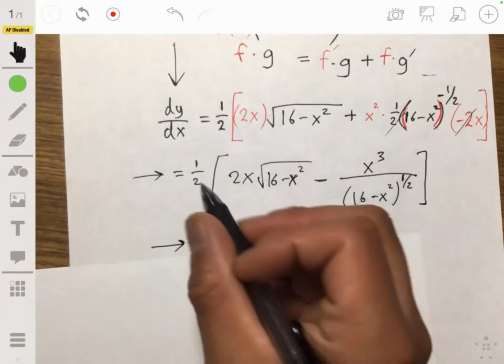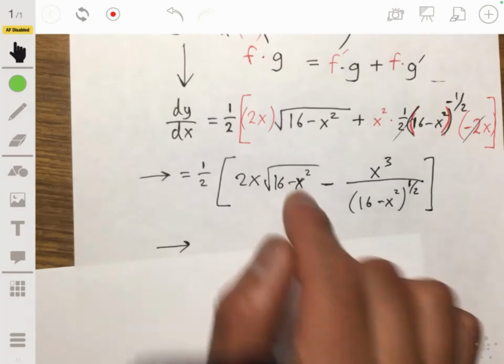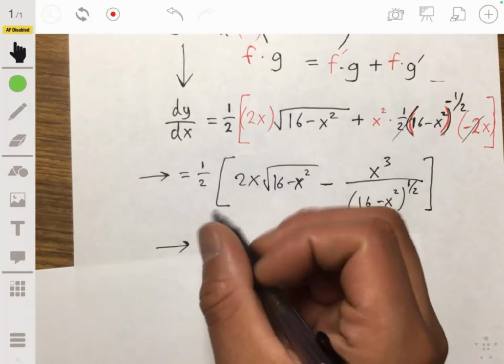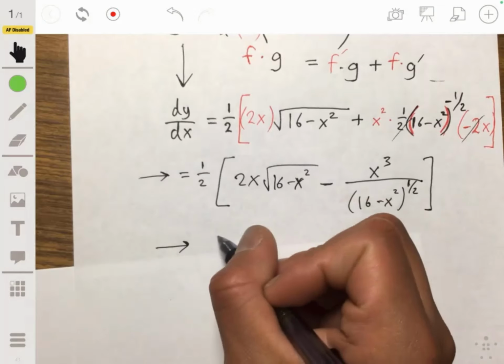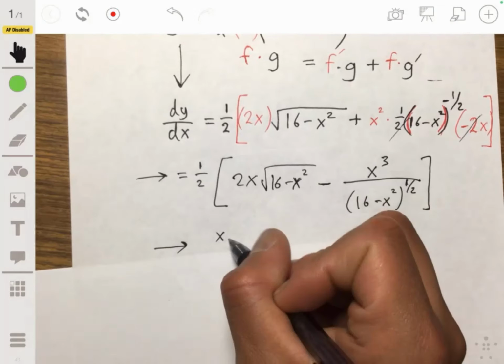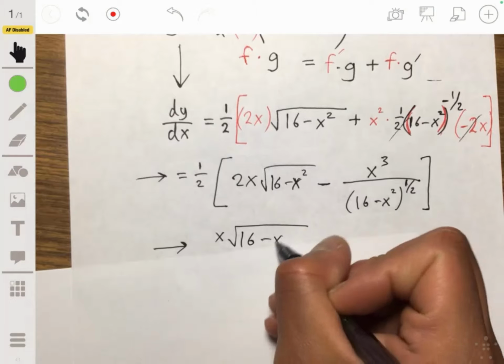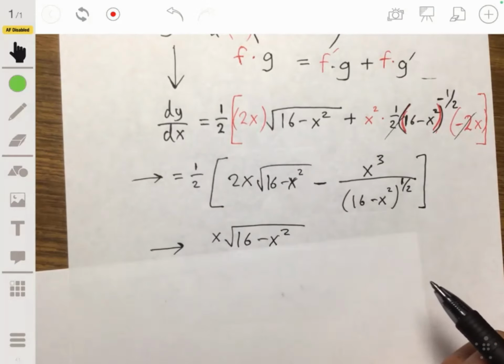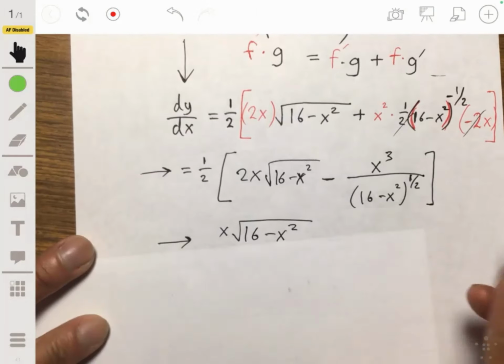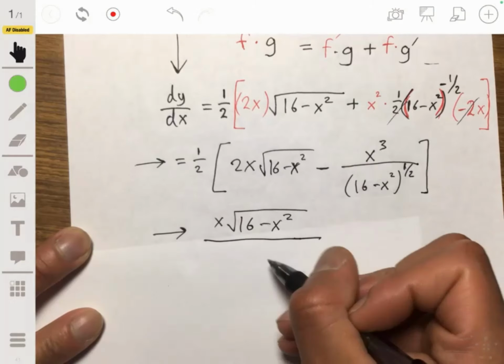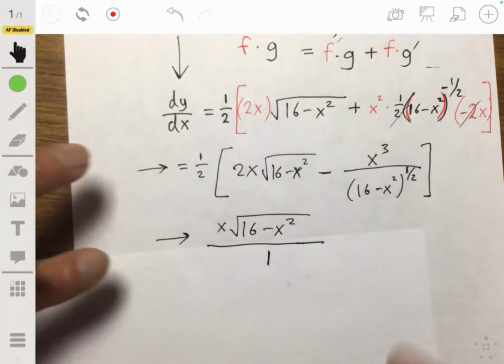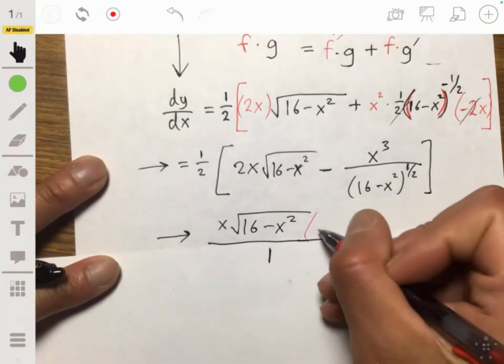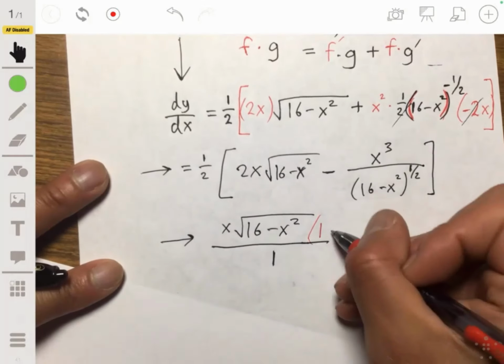And then we can maybe distribute this to each of those. So we'll have x times the square root of 16 minus x squared over 1. And if you want to combine them, if you want to go further, just practice your math.